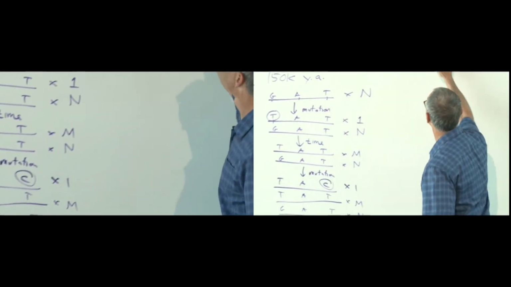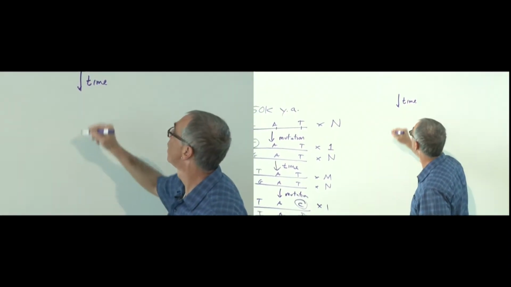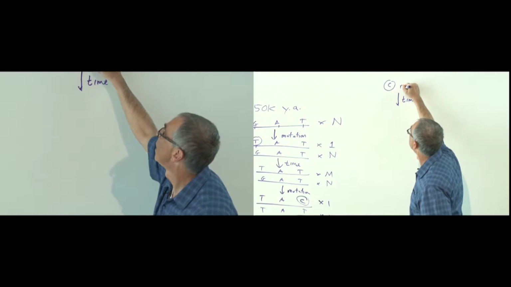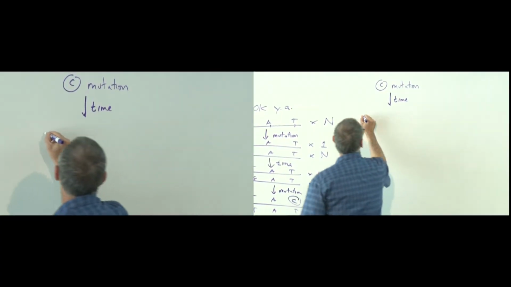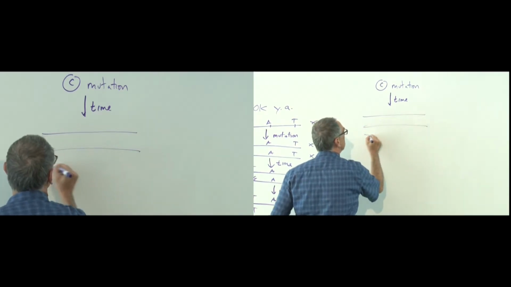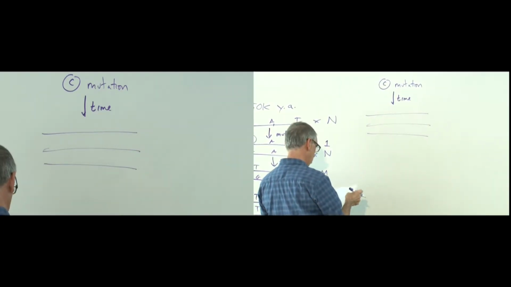So we'll go over to this next column. Time passes from the second mutation. This is the C mutation, just to remind you where we are here. And we're going to have these 3 haplotypes floating around. I just want to make sure I get them right.